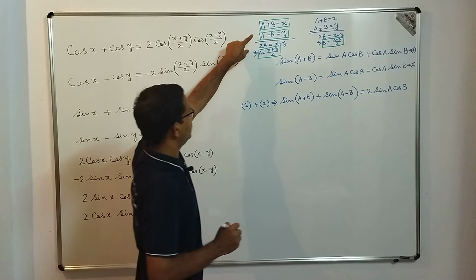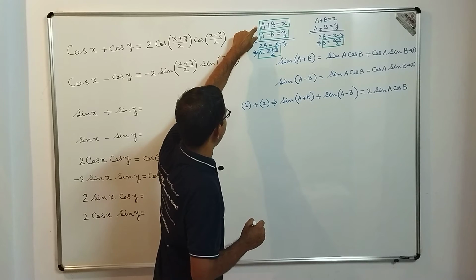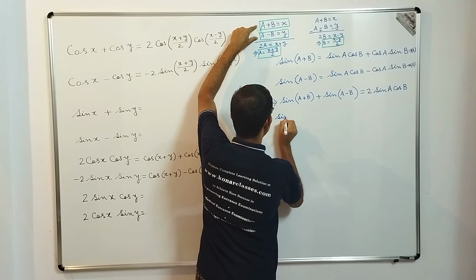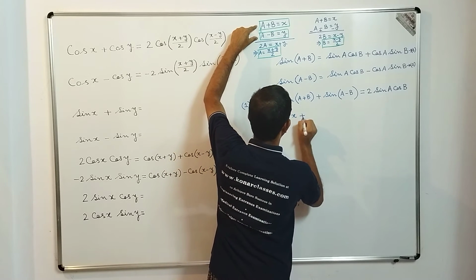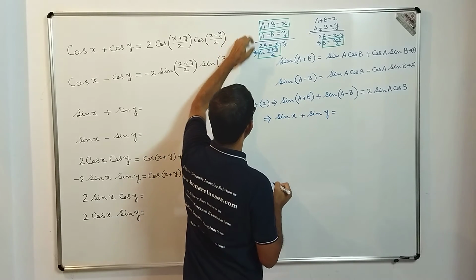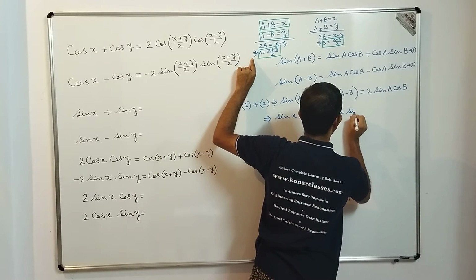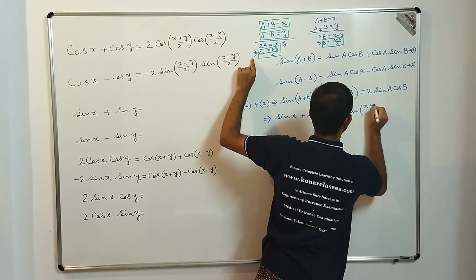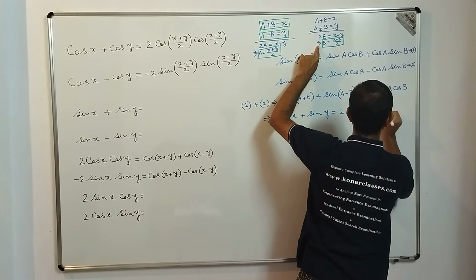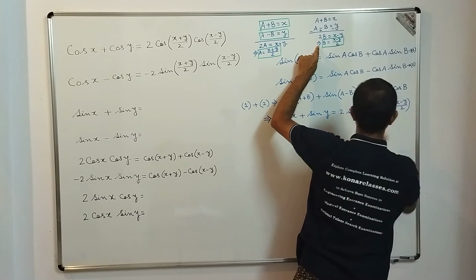Now let's look at what I marked in green color. If we take a plus b equal to x and a minus b equal to y, we get sin x plus sin y is equal to 2 sin a cos b. So 2 sin (x plus y) by 2, because a is equal to (x plus y) by 2, into cos b, that is cos (x minus y) by 2.